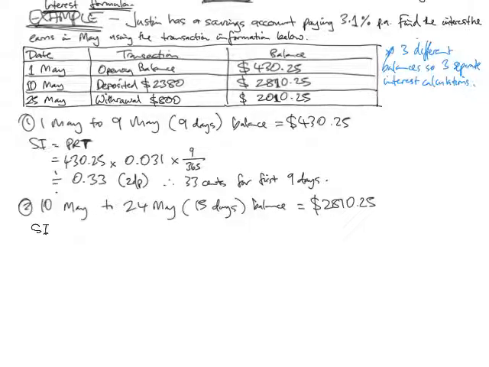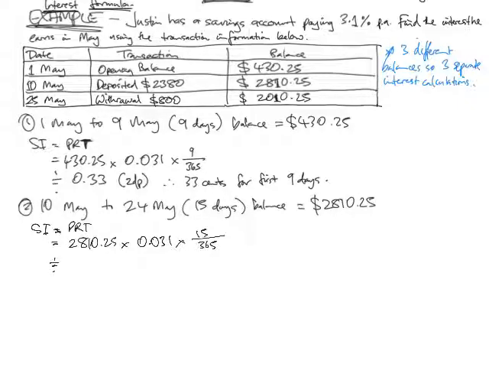So SI is equal to PRT again, but this time it's going to be $2810.25 times by the rate of 0.031 times by the fraction for how many days it is. So 15 over 365, that comes to 15 divided by 365 times by 0.031 times by 2810.25.